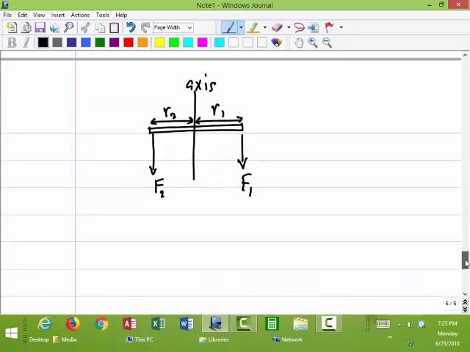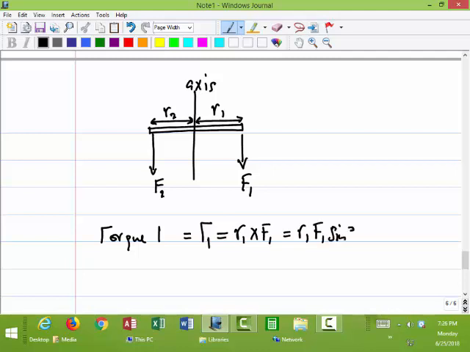Both of these forces will exert torques on the bar. So we can say that torque 1 is given by tau 1, and it's equal to R1 cross F1, which is equal to R1 F1 sine 90, and that can be written as R1 F1. So the first torque is R1 F1.